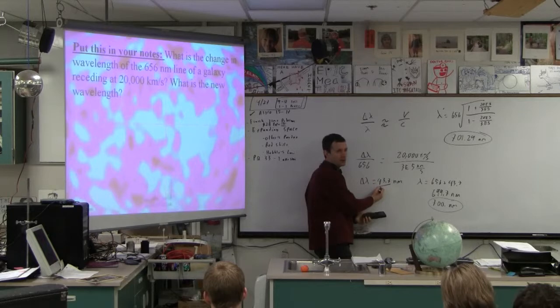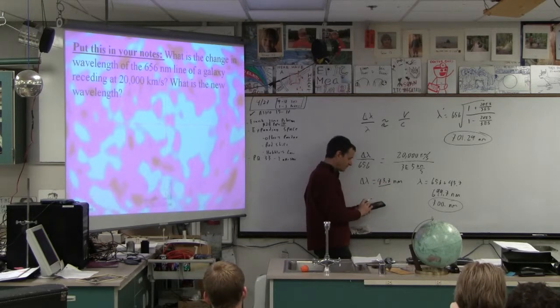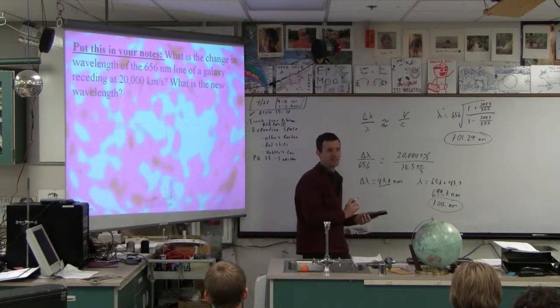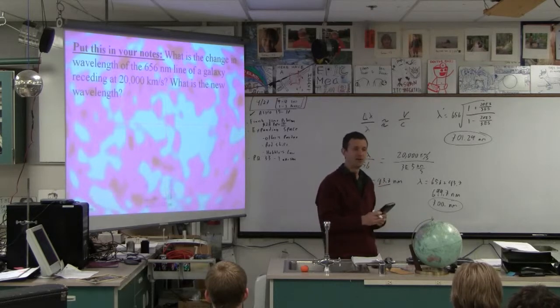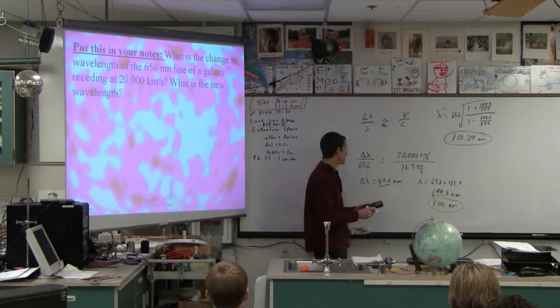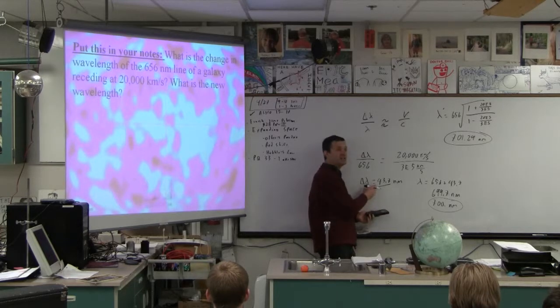43.7 is a big change in that wavelength. 43.7 divided by 656 is 0.0666. I did not pick that number on purpose. But anyway, that's about 6% of the wavelength change.